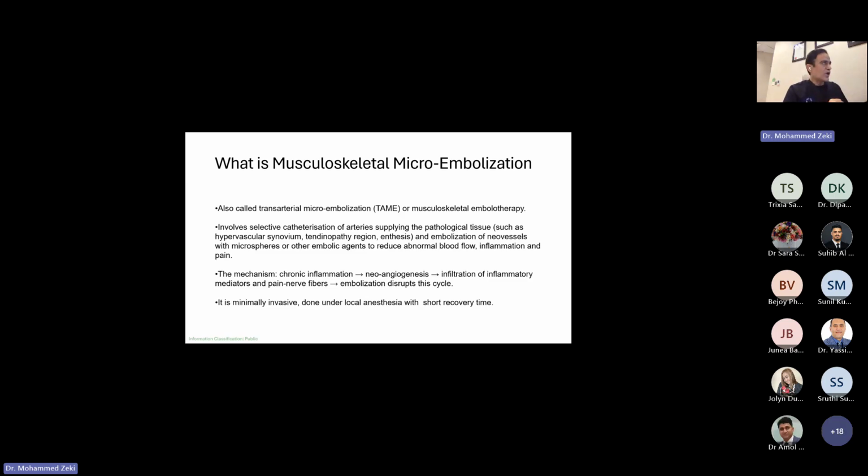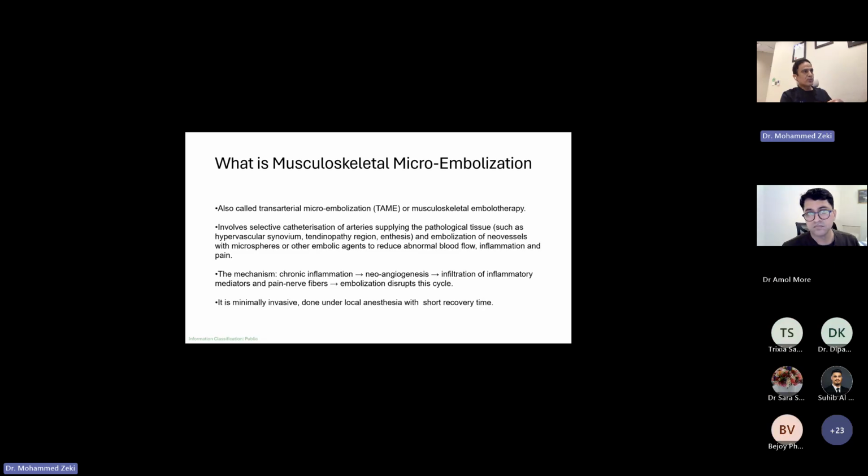So what is microembolization? It was even new to me a few years back. It's now called transarterial microembolization, or TAMI, or musculoskeletal embolization. It involves a very selective approach. For colleagues who are not aware of what we do, you use a very small tube that goes through the artery, using the fluoroscopy and angio room to target these inflammatory and neovascular changes.